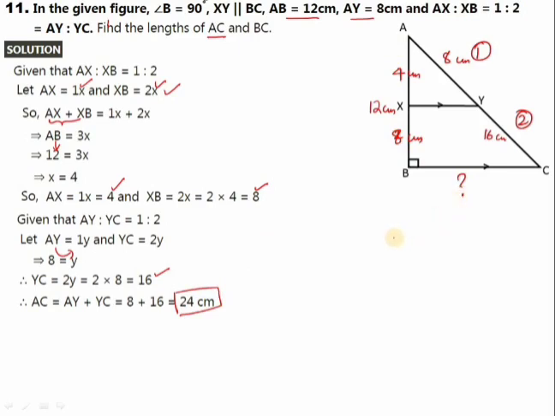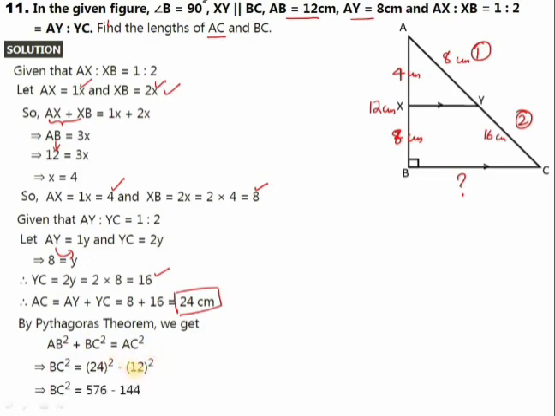So for that we'll use Pythagoras theorem. Now in this triangle ABC, you see 90 degrees here, so opposite to this is AC. So AC is the hypotenuse, so you get AC square equals AB square plus BC square. Put the values. You don't know BC, AB is 12, so it becomes 12 square. AC is 24, so 24 square minus 12 square.